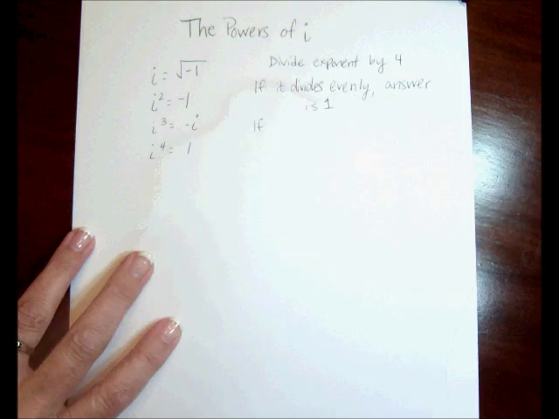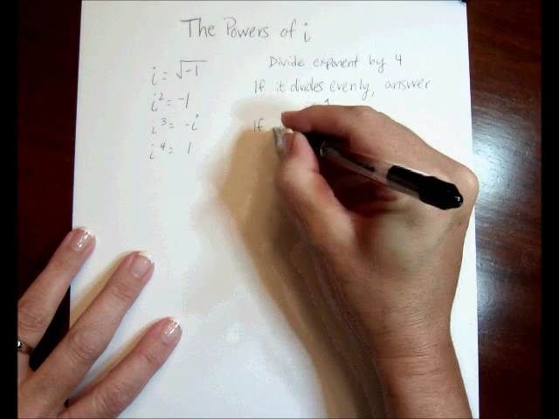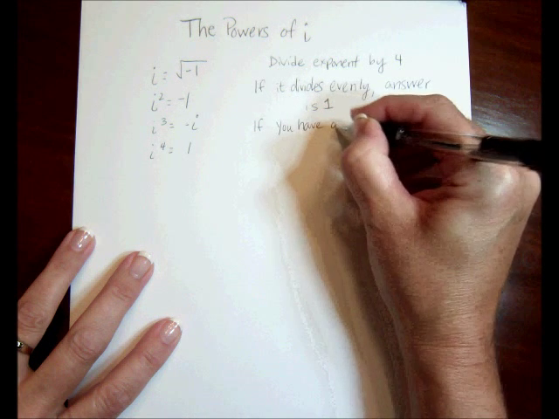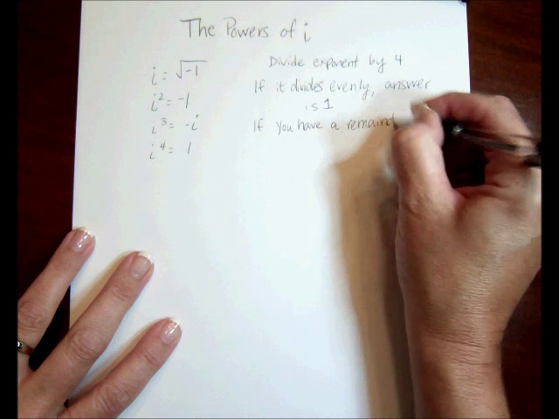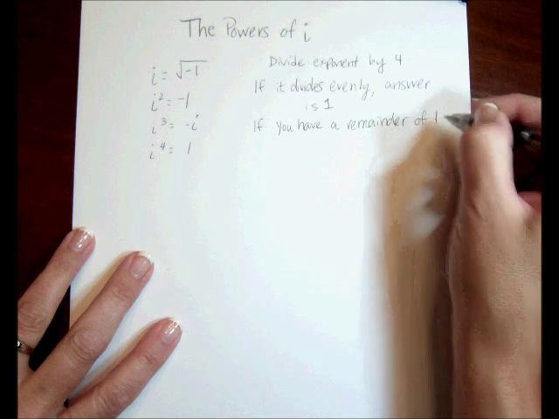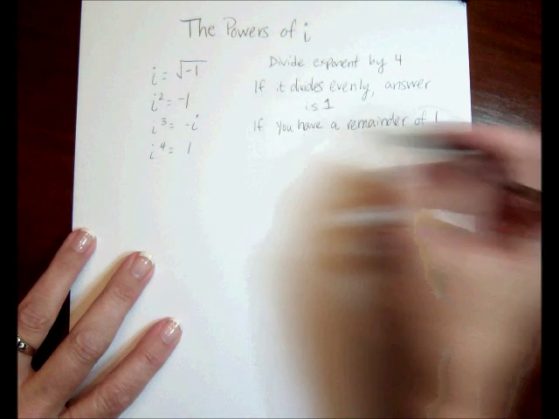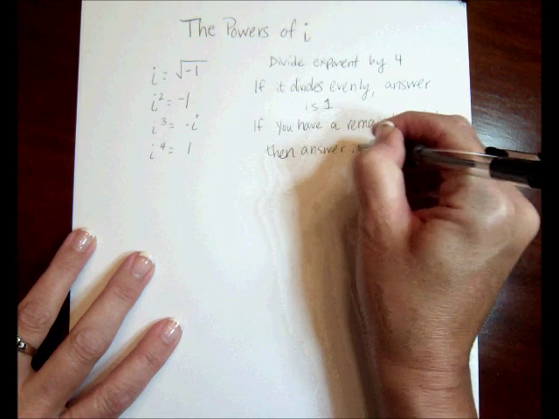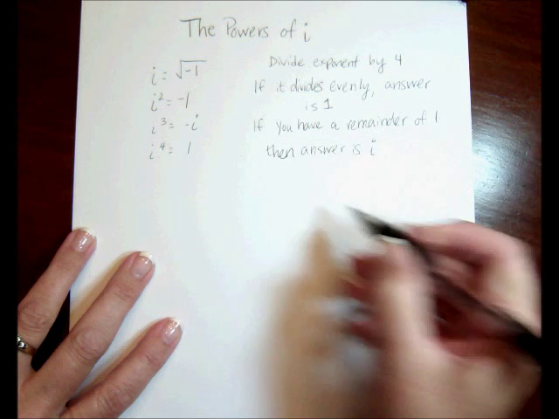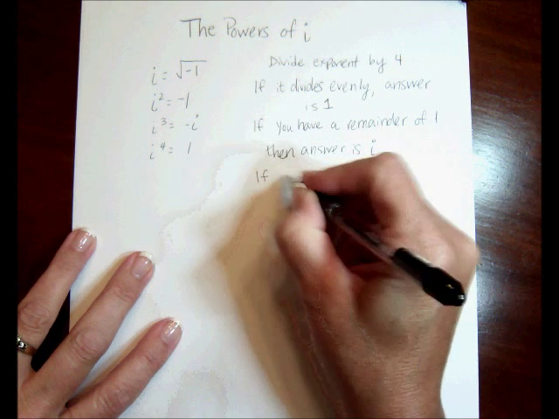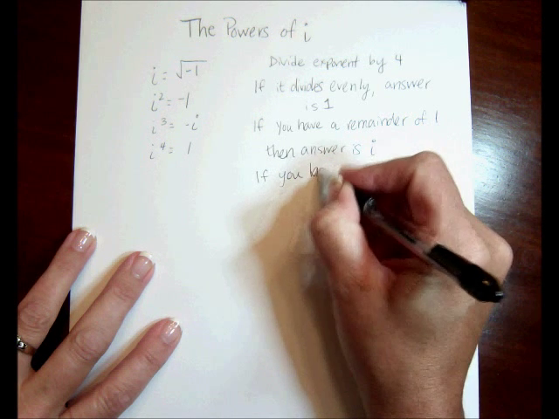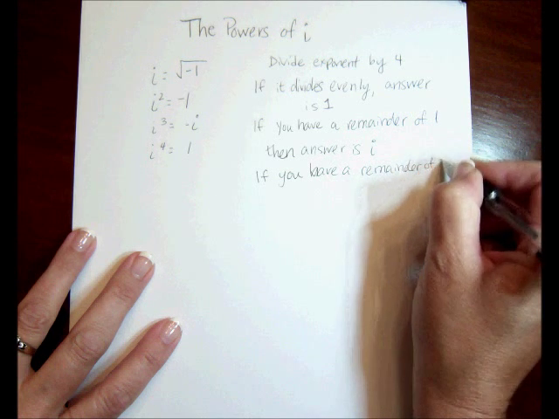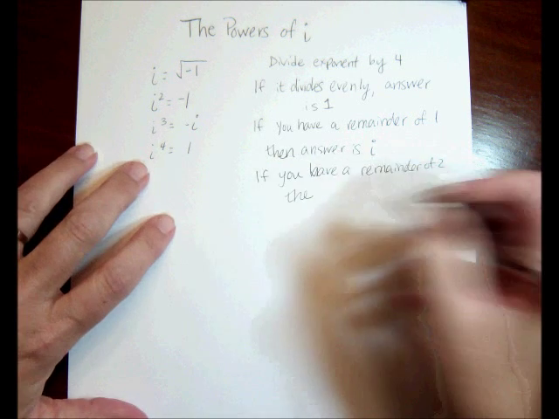If you divide it by 4 and you have a remainder of 1, then your answer is i. The next thing, if you have a remainder of 2, the answer is -1.